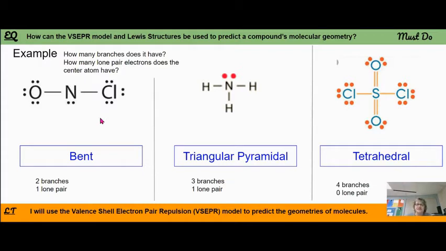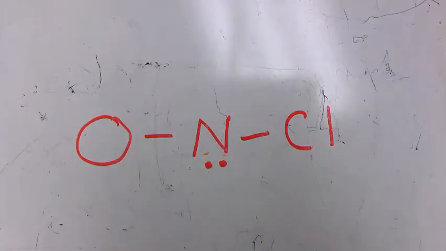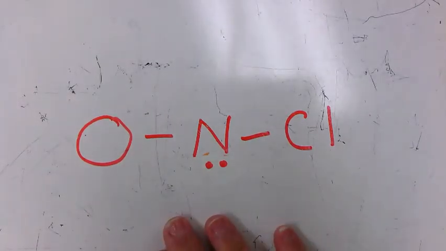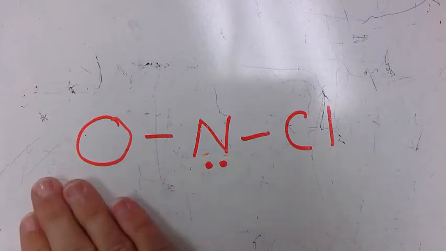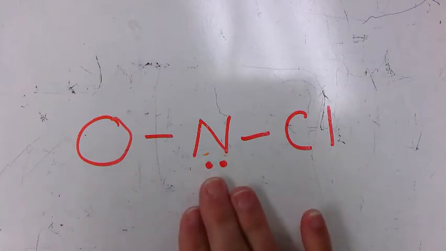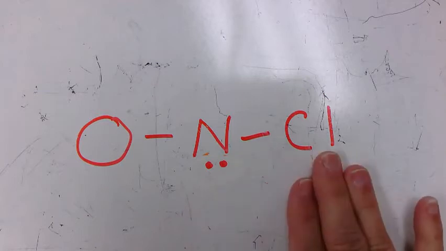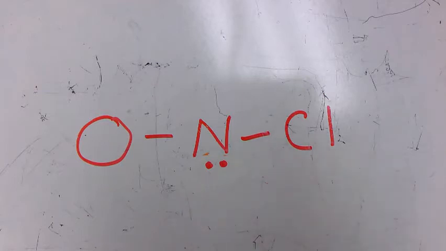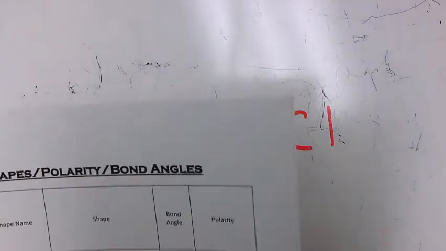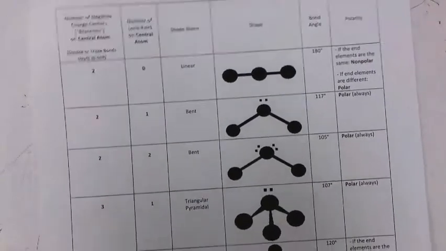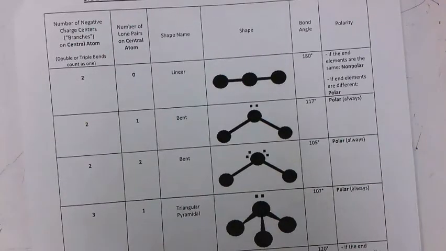Let's use an example to see how we figure out how those shapes come about, how you determine what those shapes should be. Okay, so here's our first example. We have oxygen single bonded to a nitrogen, single bonded to a chlorine. Okay? And so if we look at our shape sheet, this is the sheet that was in your packet.